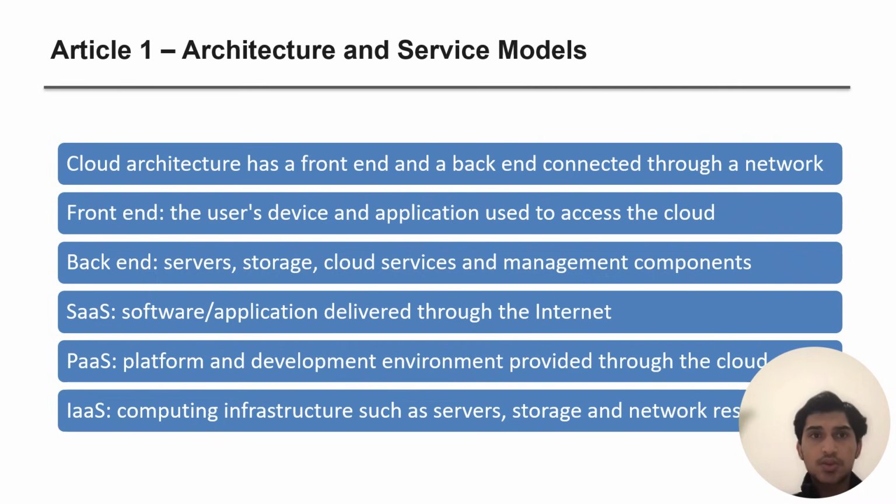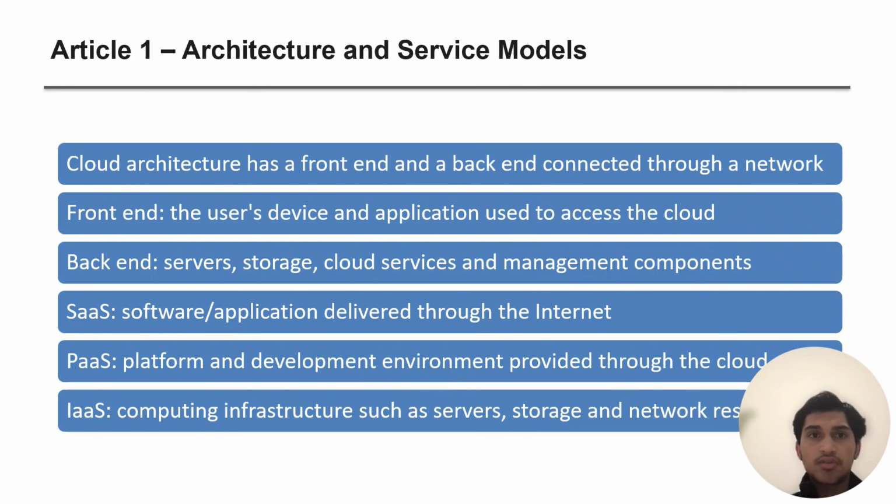So let's go to the architecture and service models. The major learning from this point in the article is cloud architecture. The architecture can be viewed as front end and back end. The front end is what the user sees, and the back end means basically the servers, storage, and clouds.